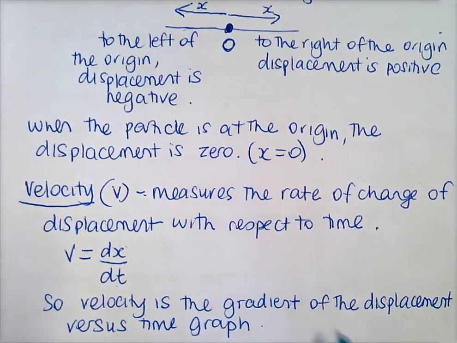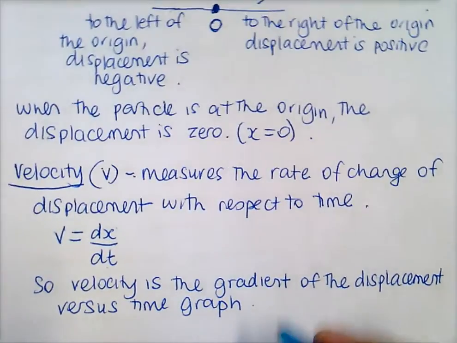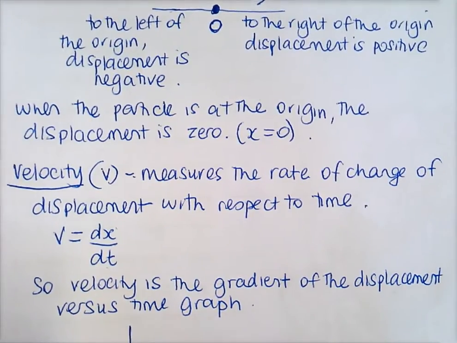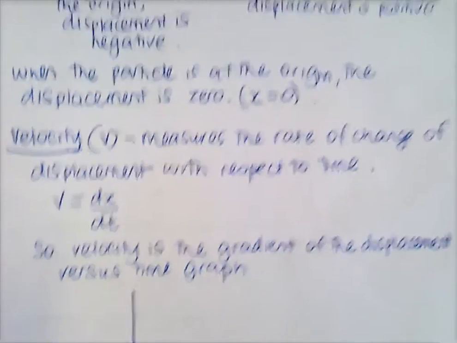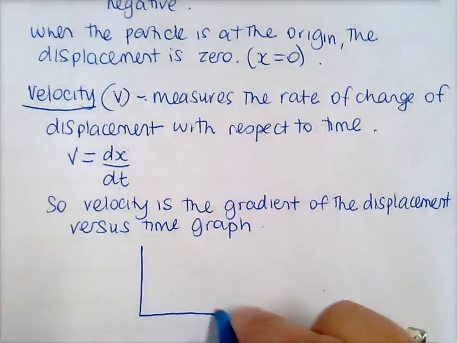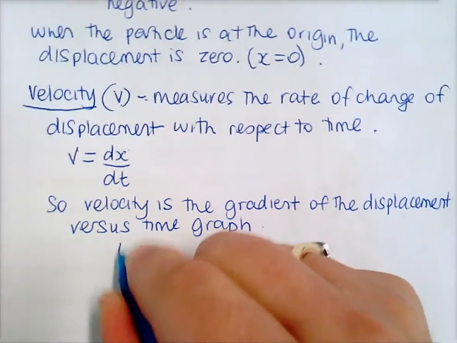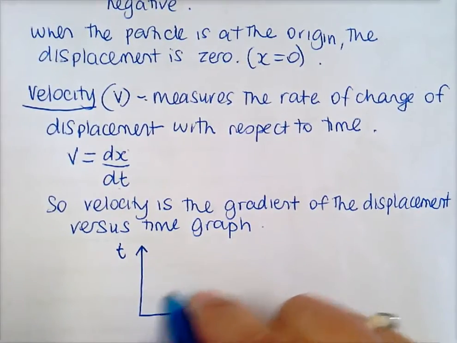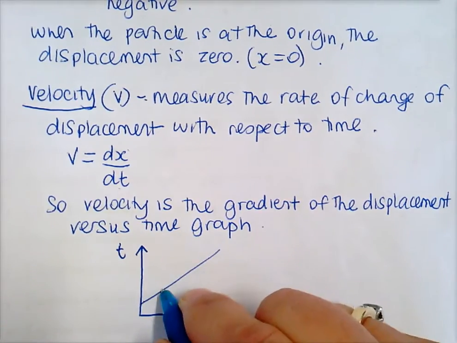Because the gradient is the change in, for example, if I look at a graph here, so let's say I've got x versus t, and let's just say it's a straight line.